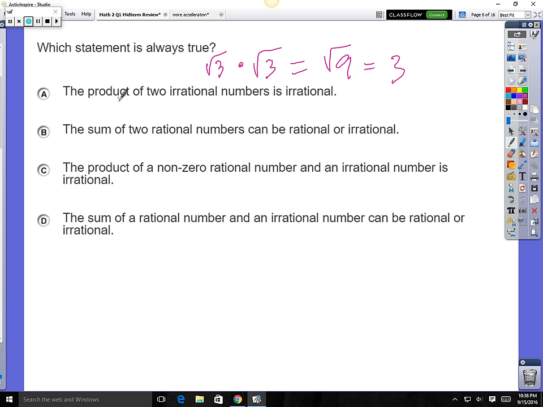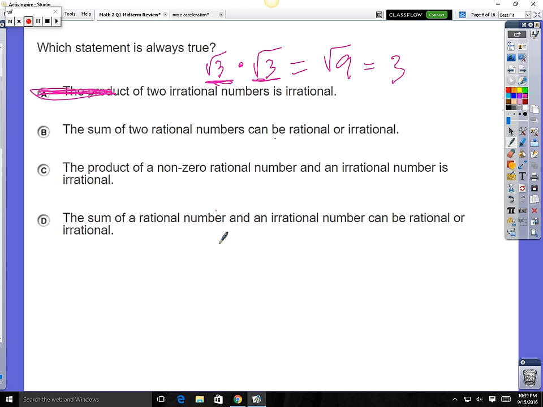So the product is the answer of a times problem. So if I take two irrationals, I can create a rational. So that is not always true. Sometimes it is, because you can take square root of 3 times square root of 2, and that gives you square root of 6, and that still sucks. But it's not always true. Okay, B, the sum of two rational numbers will be either rational or irrational.